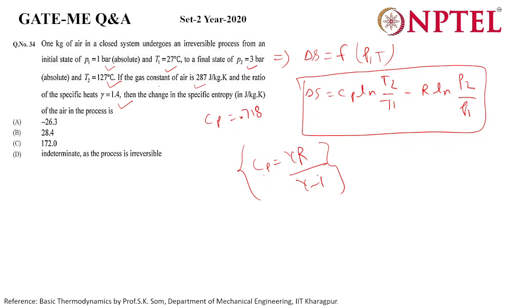So you can easily get what is the value it is coming. Anyone? So minus 26.33. This one, right? Yes, sir. Any other person?